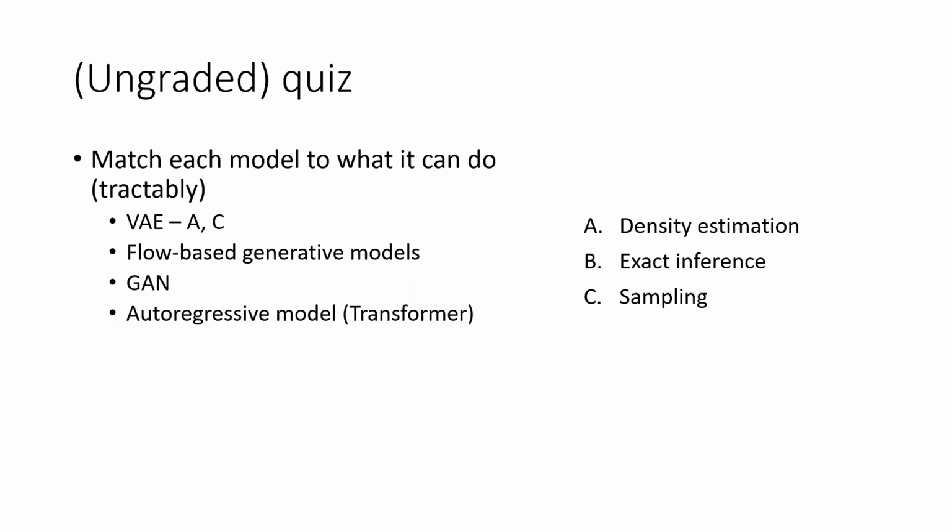They can also do sampling by taking a latent vector and passing it through the decoder. However, they cannot perform exact inference, which is mapping each X to one specific probability.